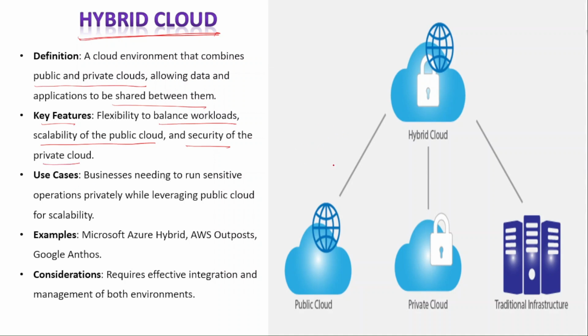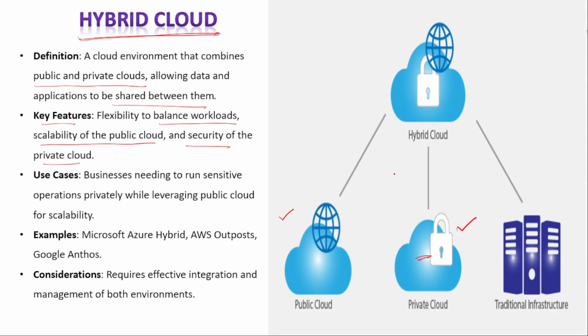So what does this mean? Let's suppose there is an organization that has a requirement for scalability, so that when their requirements increase, they can have the resources as needed. And they also have some very sensitive workloads that they want to run in the private cloud.